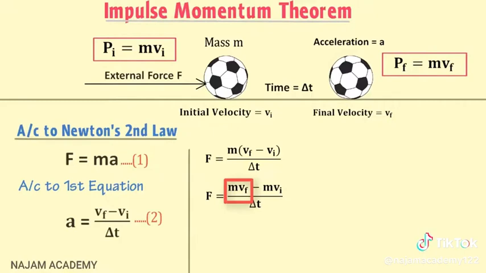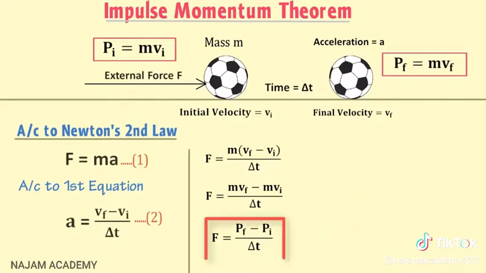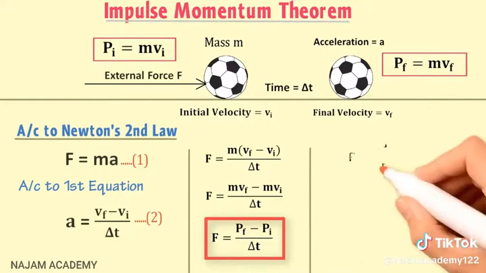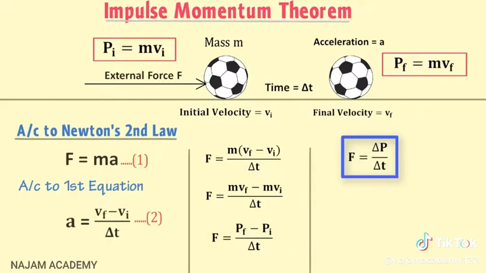Here mvf is the final momentum of the football, while mvi is the initial momentum of the football. Thus, we can write F is equal to Pf minus Pi divided by change in time. Or simply you can say force is equal to change in momentum divided by change in time.